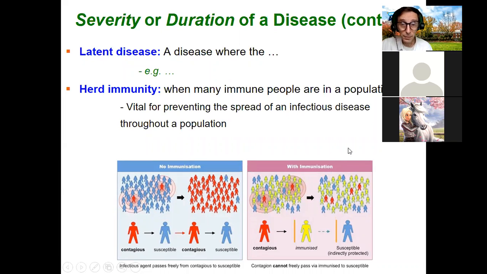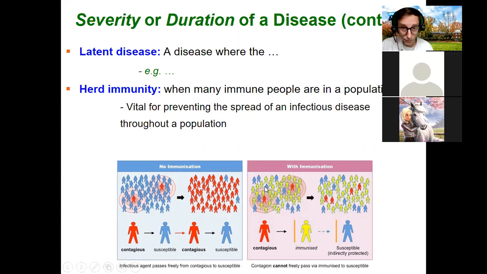Now, if enough people are immune, when somebody becomes infected, only nearby people can get the disease. There are enough people in the population that the disease can't spread because this person is immune and then this person is protected.